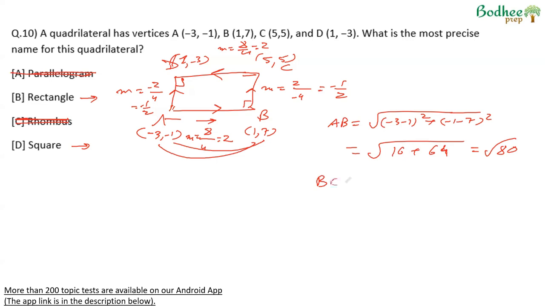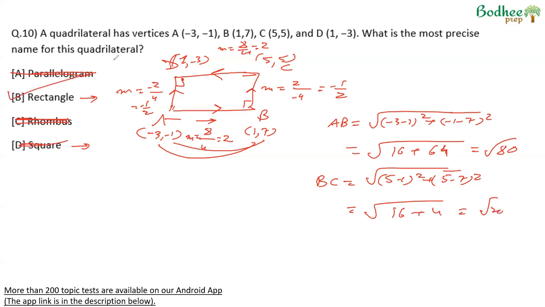We look at the length of BC: (5 minus 1) and (5 minus 7). So root of 16 plus 4, root 20. Adjacent sides are not equal, so this is not a square. The best possible answer is a rectangle.